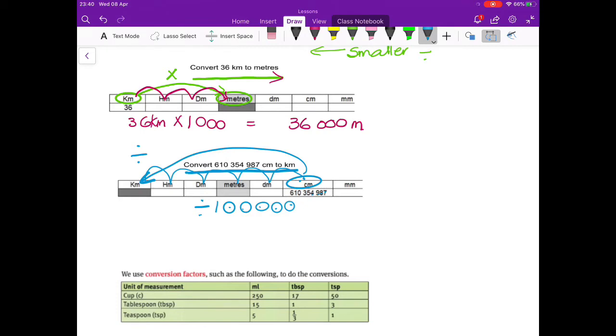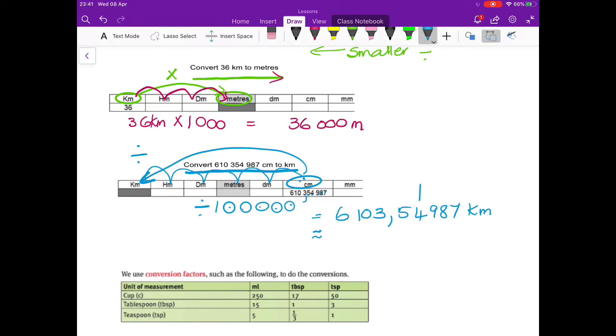That is going to equal 6,103.54987 kilometers, and I'm going to round off to 2 decimal places.